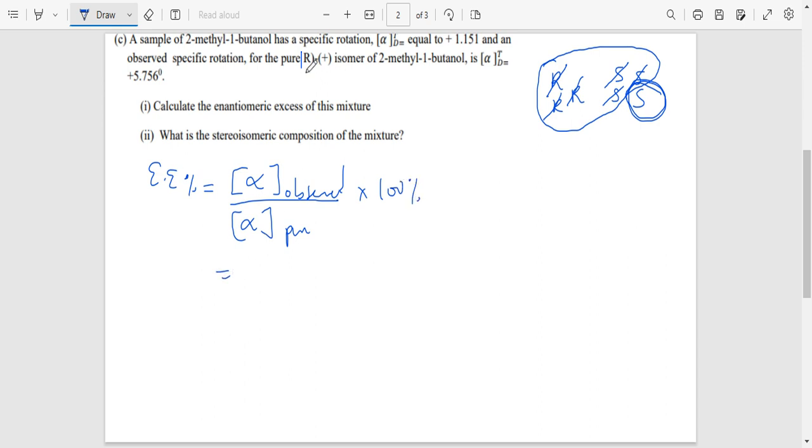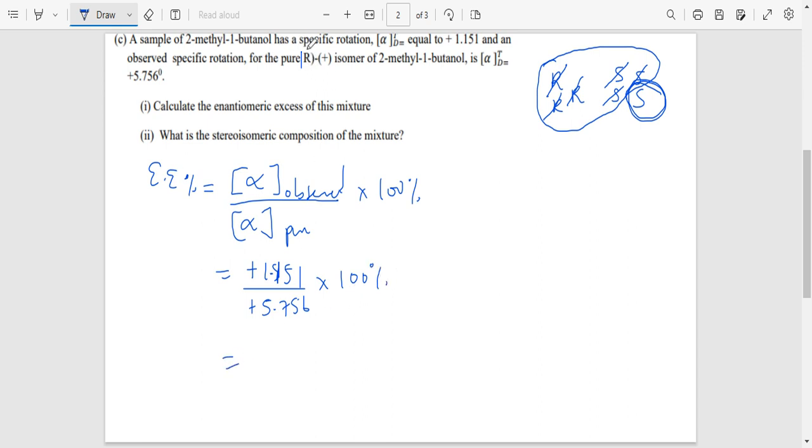Now, the observed, this is coming basically from the sample. You get the sample, you put it in a polarimeter. What you are going to be able to see, in this case, is positive 1.151, and we are dividing this by positive 5.756. This is in degrees, just degrees, and then we are multiplying by 100%.